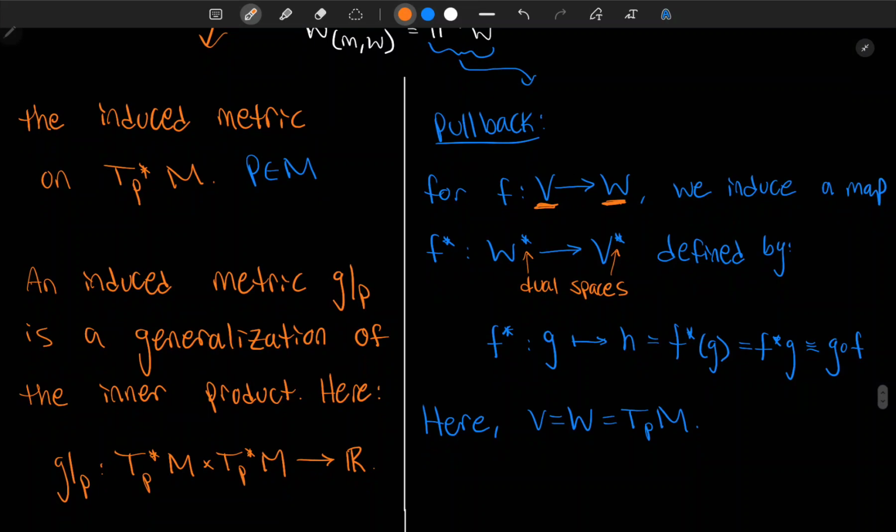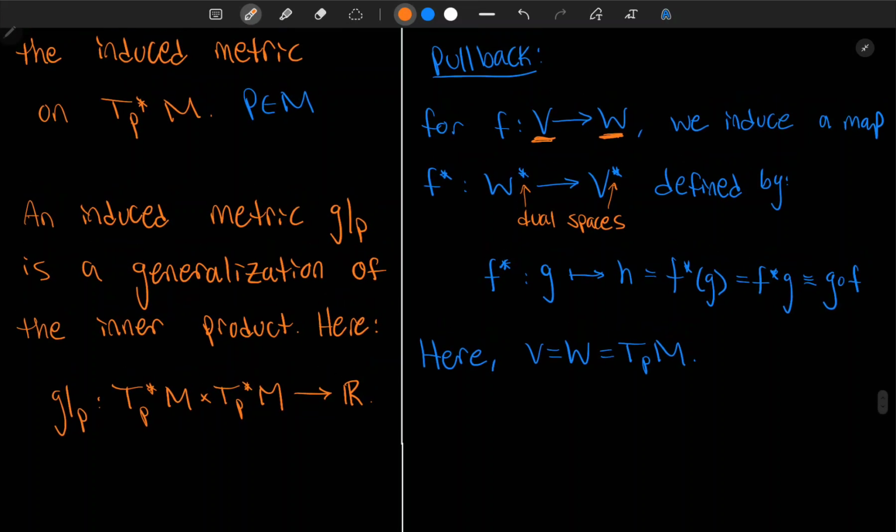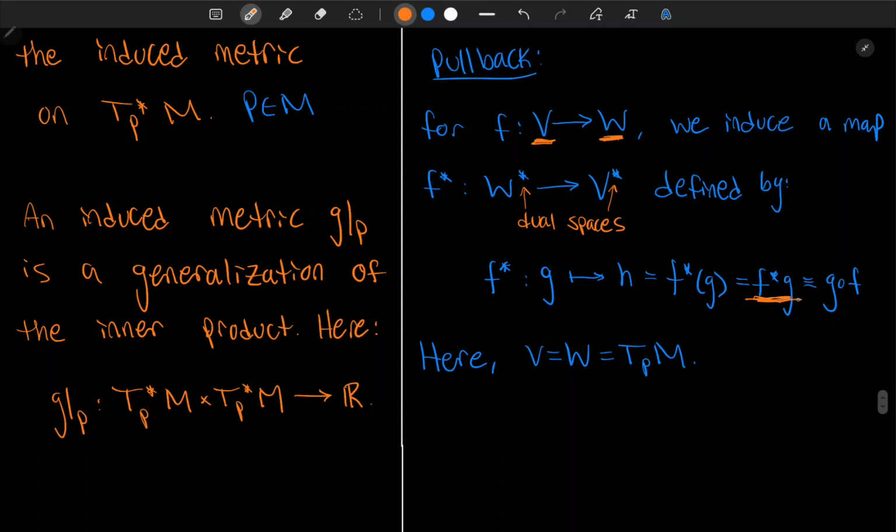And f star is defined by the following. It's a map from g, which is an element of W star, to h, which is an element of V star. The way we define h is we say it's f star g, which is also written in this way.